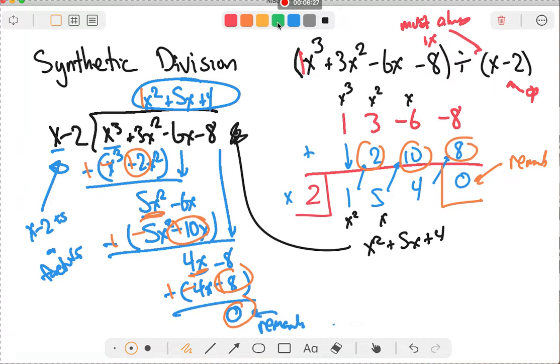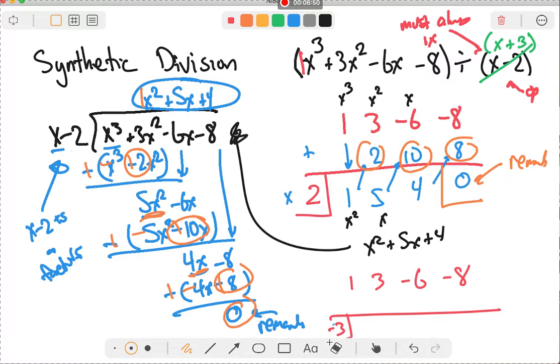Now if I wanted to divide it by something else, say instead of x minus 2, I wanted to divide by x plus 3, I'd set up the problem the same way: 1, 3, -6, -8. Since I got a plus 3 here, I put a minus 3. I do the opposite. And then I come down.